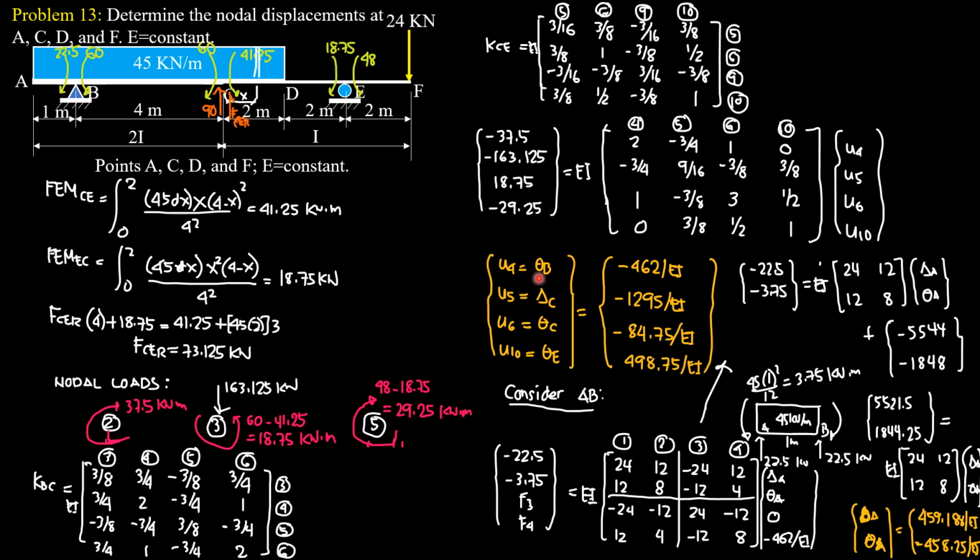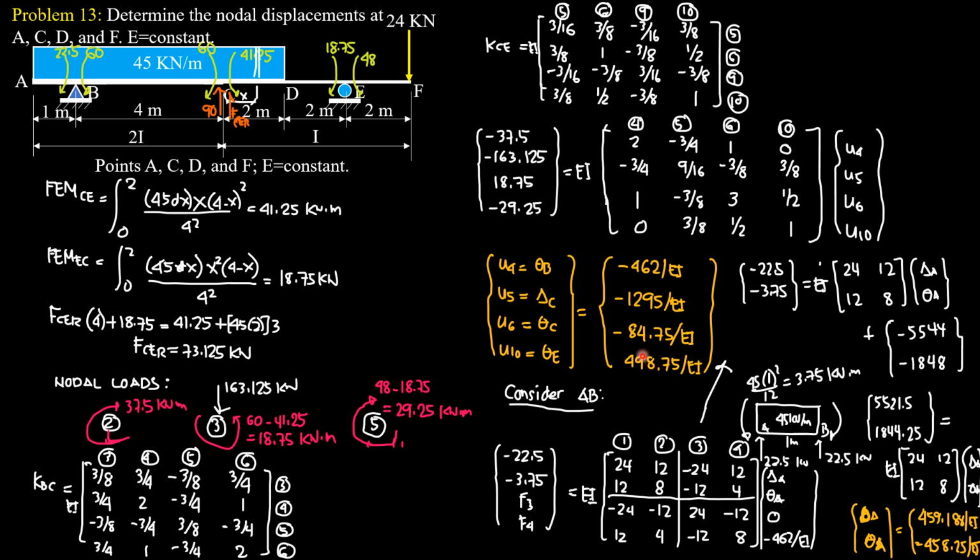So we get theta B, delta C, theta C, theta E equal to negative 462 over EI, negative 1295 over EI. Again, this is the product of the inverse of this matrix and this 4 by 1 force matrix. So we obtain these values, which are the same answers from the lecture part.